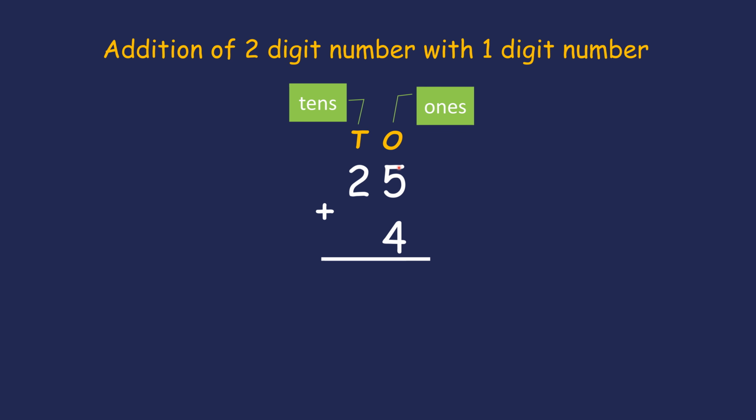We will add the ones first, which is 5 and 4. The answer is 9. Then we will go to the tens column. Since we only have 2 here, and we don't have another digit beside 4, we will just bring down the 2. The answer is 29.